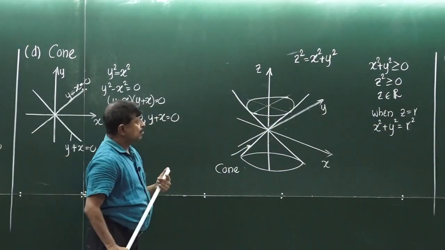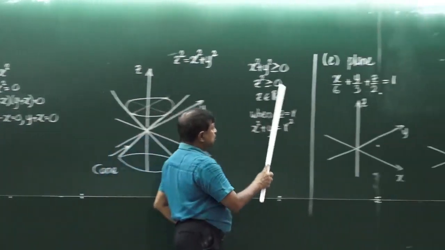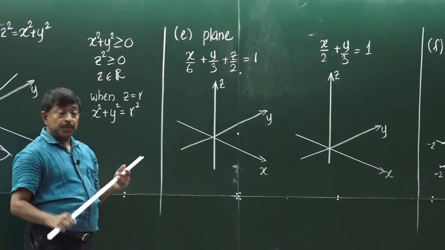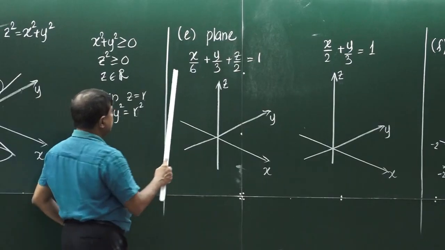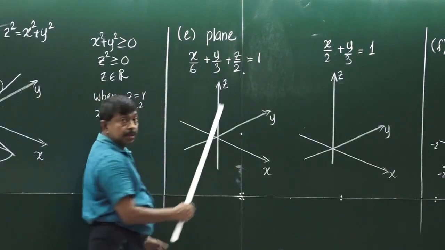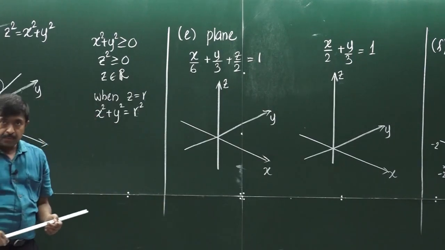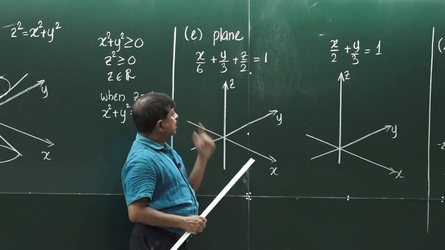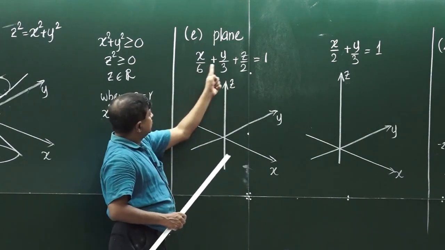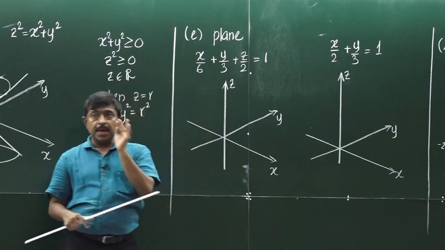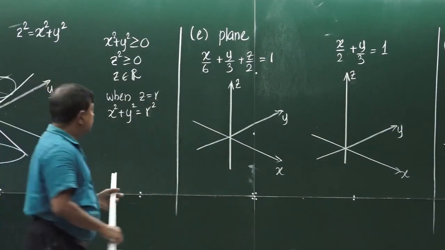Now, let us move to the next one, the plane, it is a very important one. If you take the plane, for example, if you have some equation, you can make the right hand side equal to 0, sorry, equal to 1. Then if you do that, you will end up with something like this. So, these numbers, like in the case of a straight line, give you the axis intercepts. That means what?